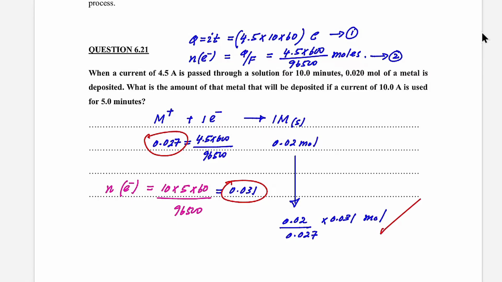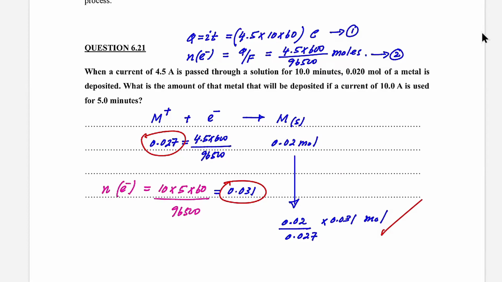Let me explain that. We don't know the stoichiometry, right? So suppose alpha, lambda, gamma is the stoichiometry, because stoichiometry is not given to us. We don't know what metal that is.